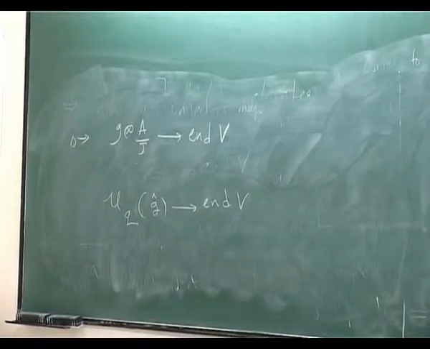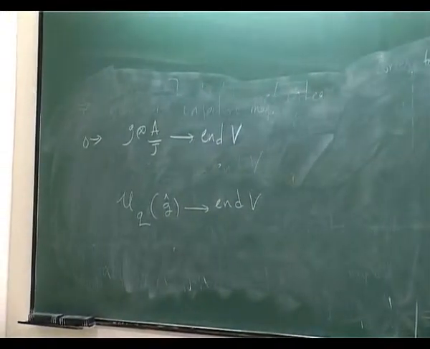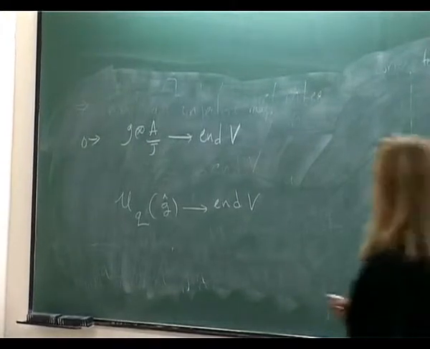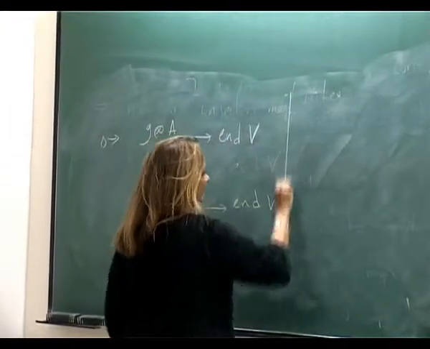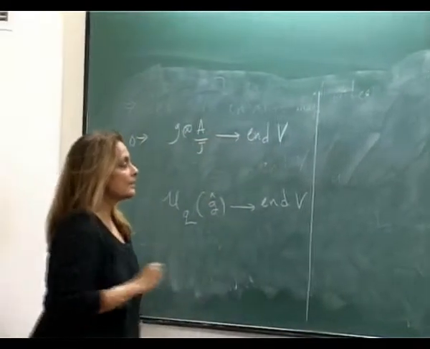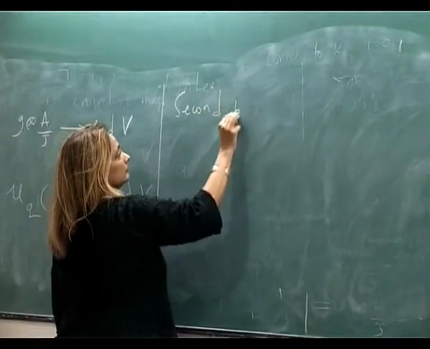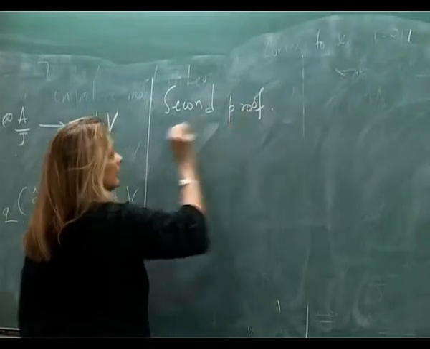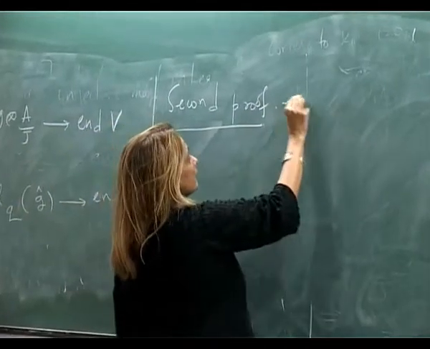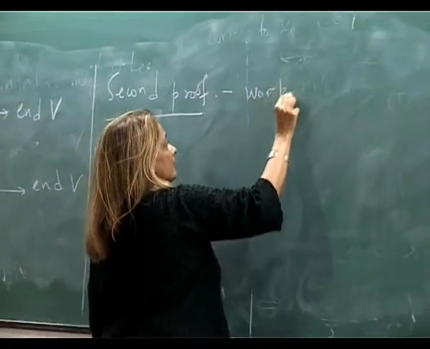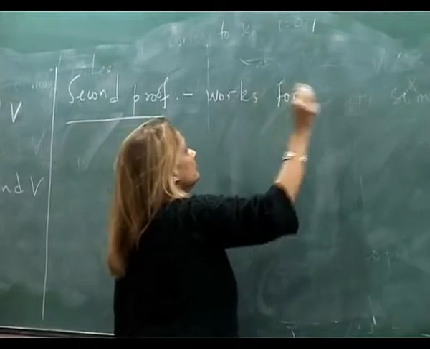So this wasn't really the original proof that I'd given, because I was much more naive at that point, and so I did it in the obvious way. So let's talk about the second proof. And this proof works, we'll see, for both classical and quantum in almost the same way.